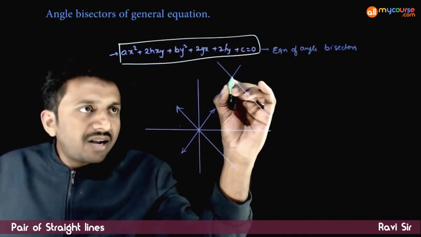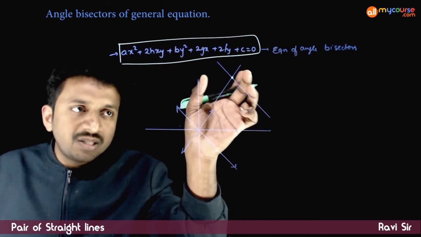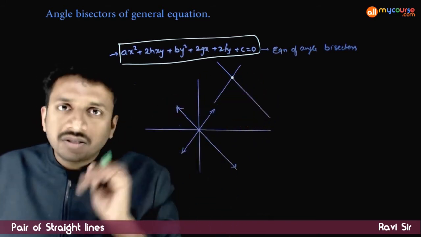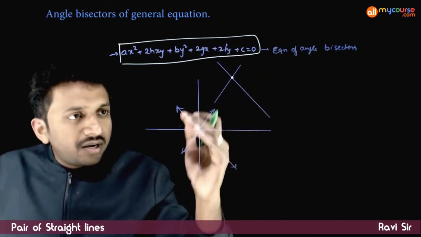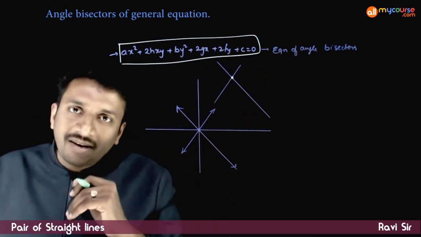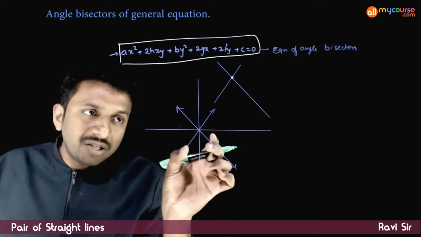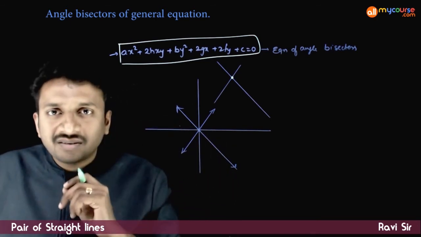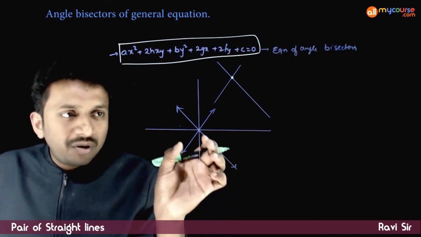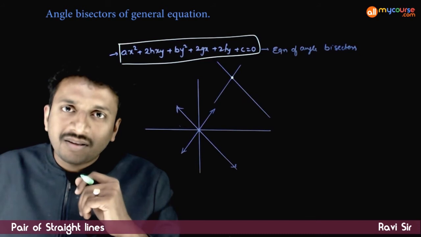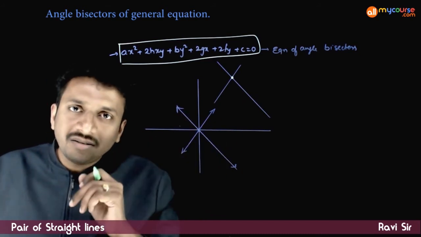Now let us shift this pair of lines parallelly so that this point of intersection goes to origin. That is, you are transforming the equations parallelly. So what is the equation of these two pair of lines? Because we have parallelly transformed the lines, the slopes are not changing.